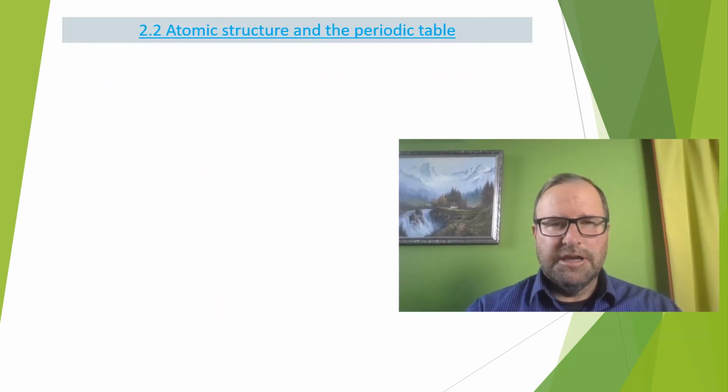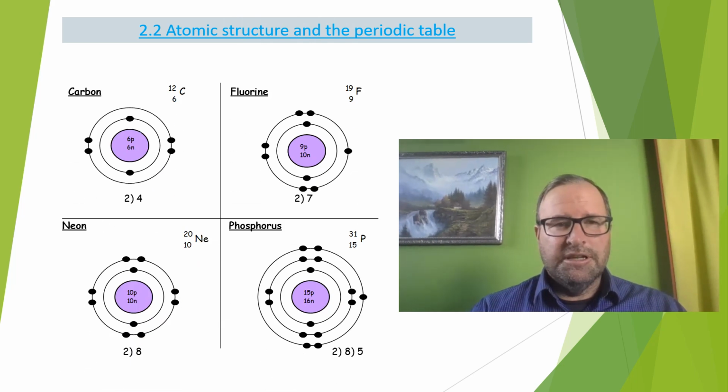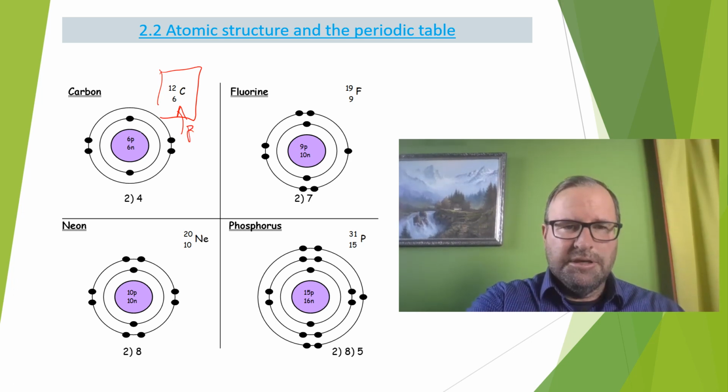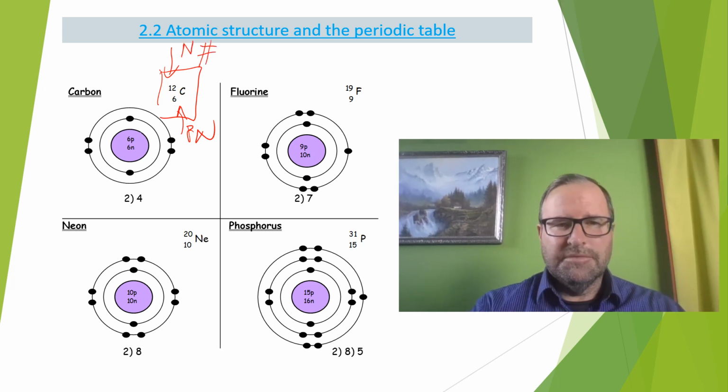Okay, so we're looking at examples of a few other elements in the electronic configuration. We have carbon here. We can see we've taken out the element. Remember that the bottom number stands for the proton number, so I'll just say Pn, and the top number stands for the atomic mass, which we know as the nucleon number. So we can see it's got 6 protons, which represent 6 electrons.